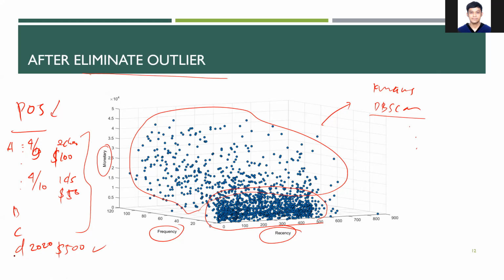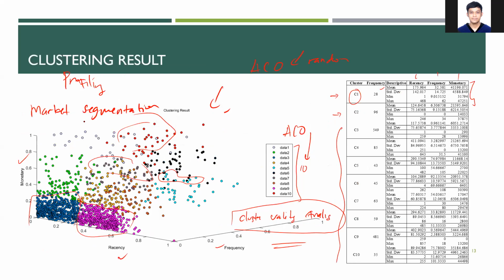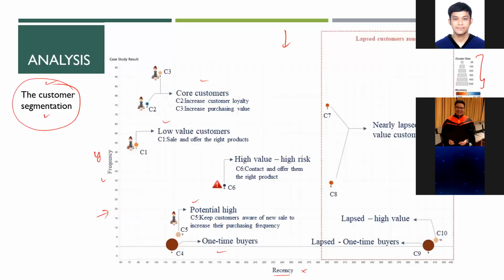But in terms of recency, it's not good because the last time she came to the store was 1 year ago. If we only learn about data mining, this is the only result I can give you: this is the cluster and this is the profile of the cluster. So to give more insight, I have to learn about market segmentation.